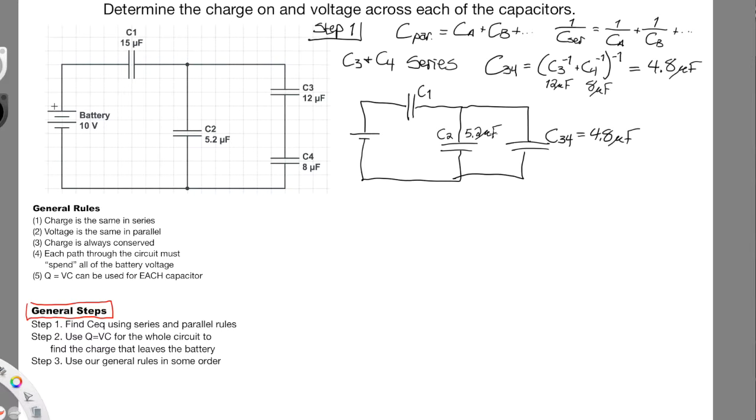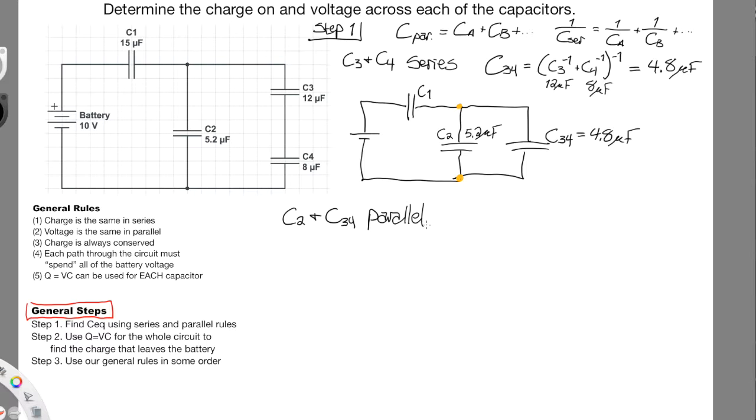Now we can see that C2 and C34 are in parallel. The charge has to split here. It can either go through C2 to get back to here, or it can go through C34. And there's only one capacitor on each parallel path, so we are good to combine them in parallel. So C2 and C34 are in parallel.